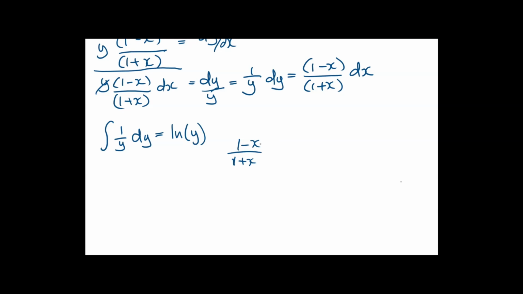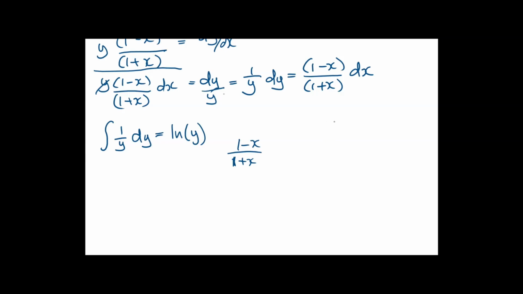So what I'm going to do, I'm going to use long division to do this one. Yes, I am using long division. I think there's a couple of ways we could do it. We could add and subtract an x onto the top.